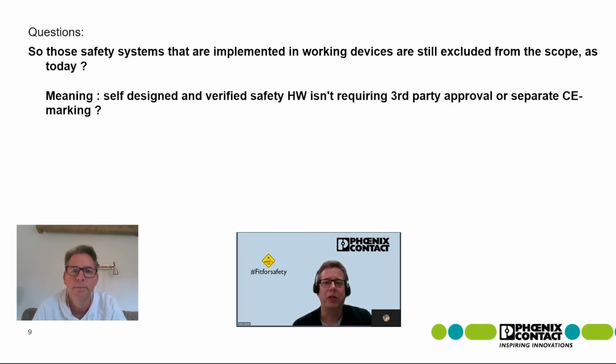Yeah, definitely a good question. Probably what the meaning is behind is that the safety software here is designed for a dedicated machine or for a special machine. So maybe there's a software engineer who is designing safety software for a machine, and this complete machine finally will be placed on the market.